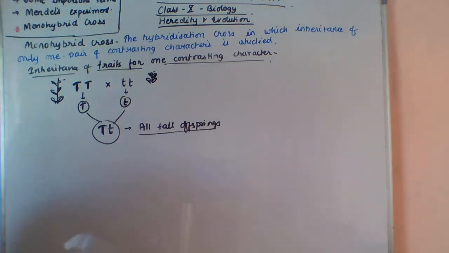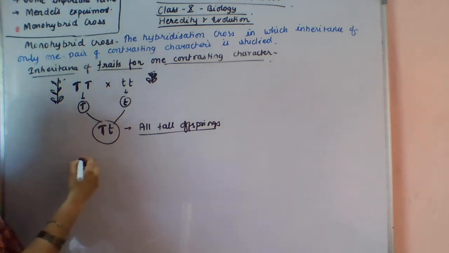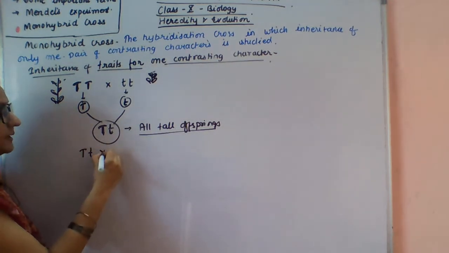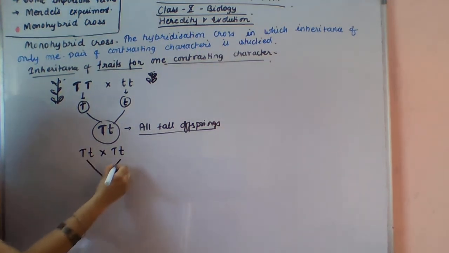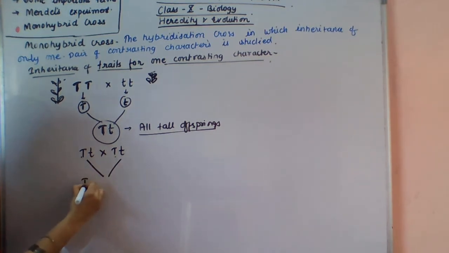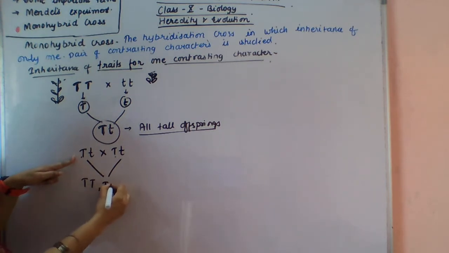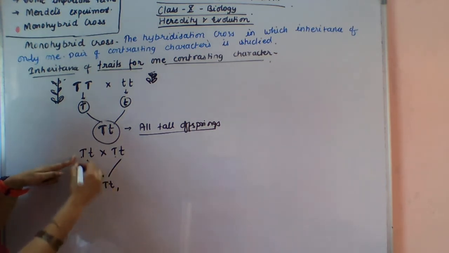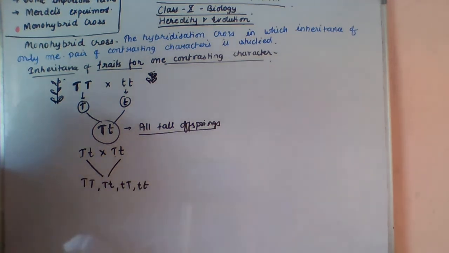So here all tall offspring will be formed. Now for the F2 generation, this plant gets self-pollinated. After self-pollination, what will he get? He will get capital T capital T, then capital T small t, then small t capital T, then small t small t.